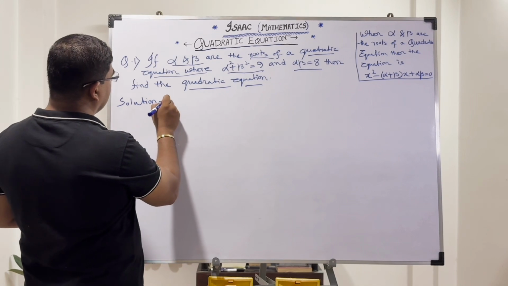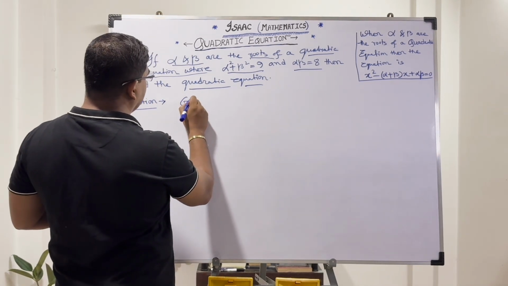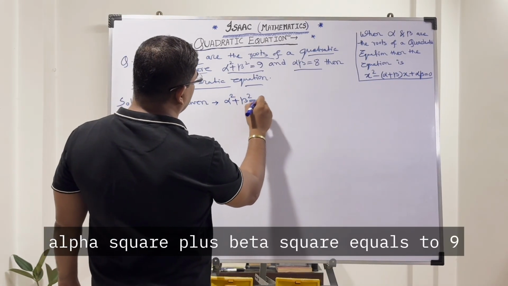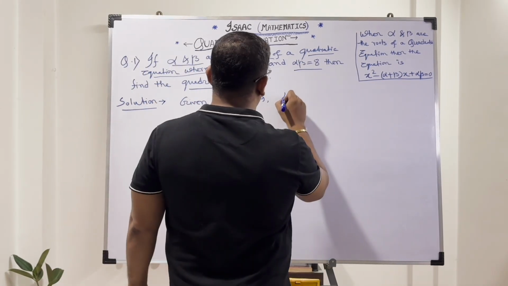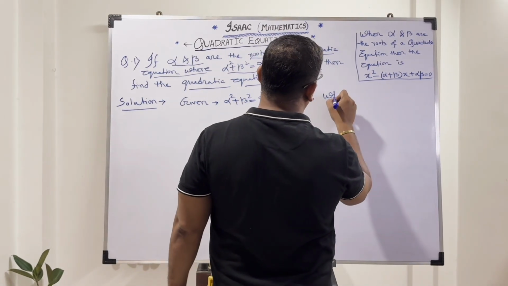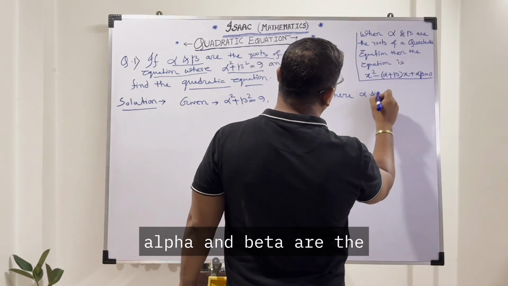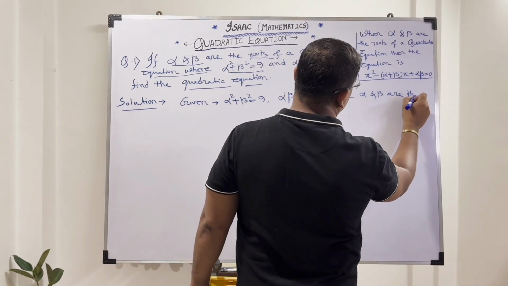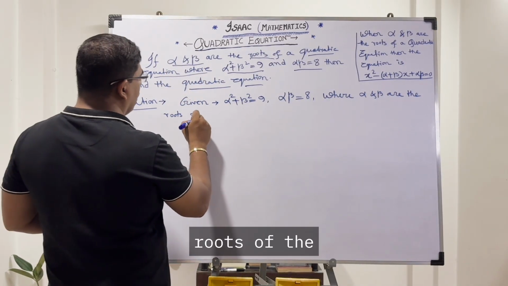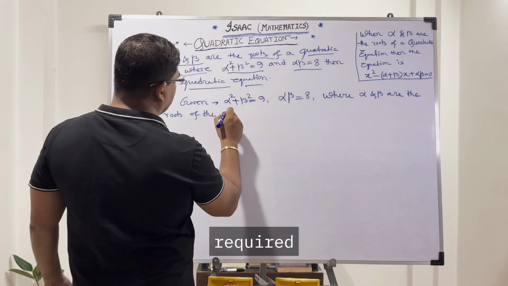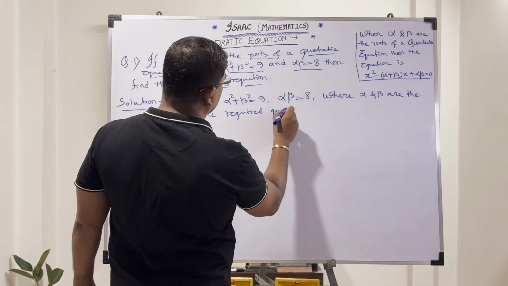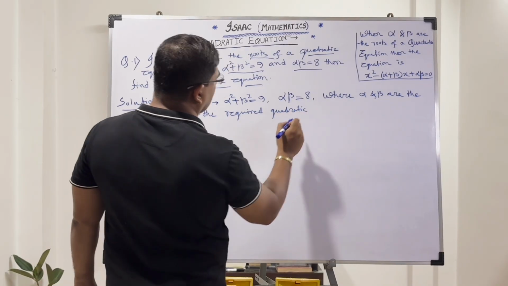Solution. Given alpha square plus beta square equals 9, alpha into beta equals 8, where alpha and beta are the roots of the required quadratic equation.